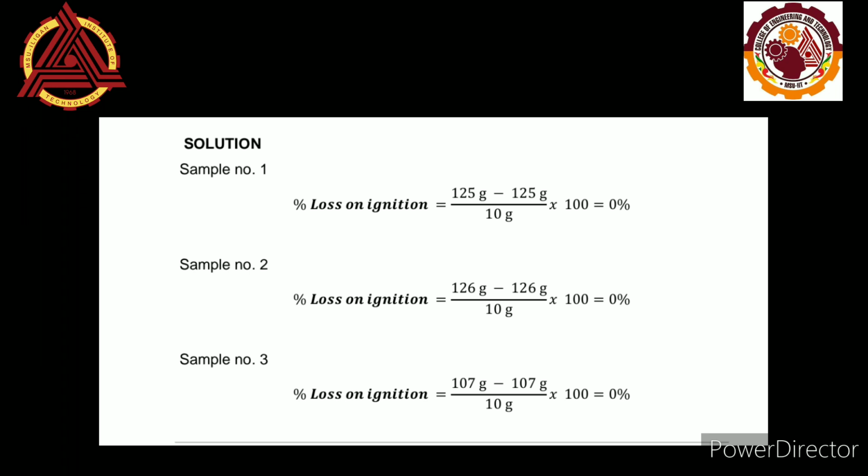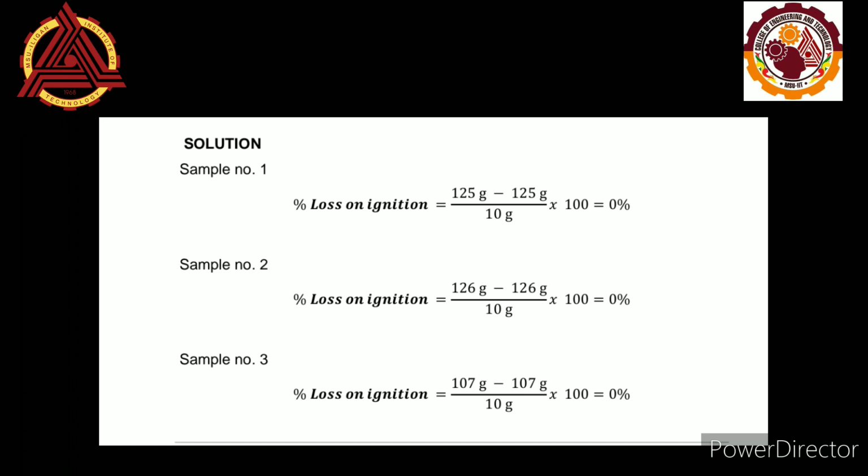By using the formula provided, the percent loss on ignition of the following samples are: in sample number 1, the percent loss on ignition is equal to 125 grams minus 125 grams all over 10 grams times 100, which is equal to 0%. The percent loss on ignition in sample number 2 is equal to 126 grams minus 126 grams all over 10 grams times 100, which is equal to 0%.